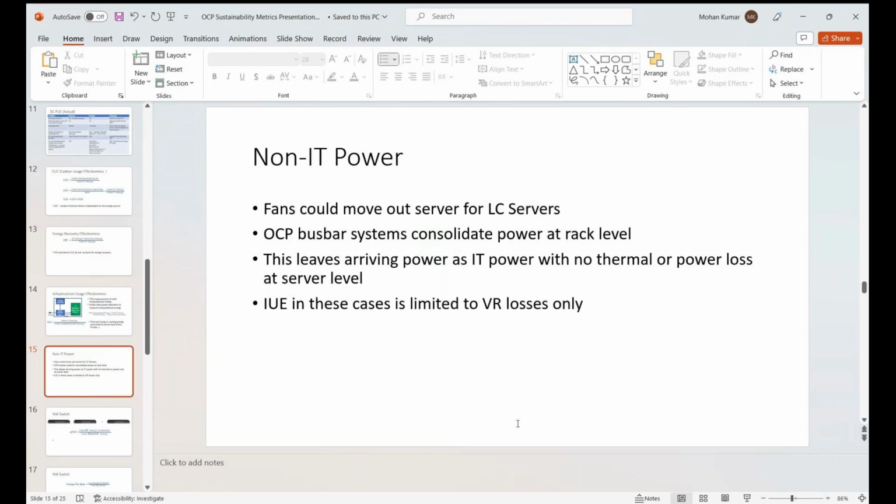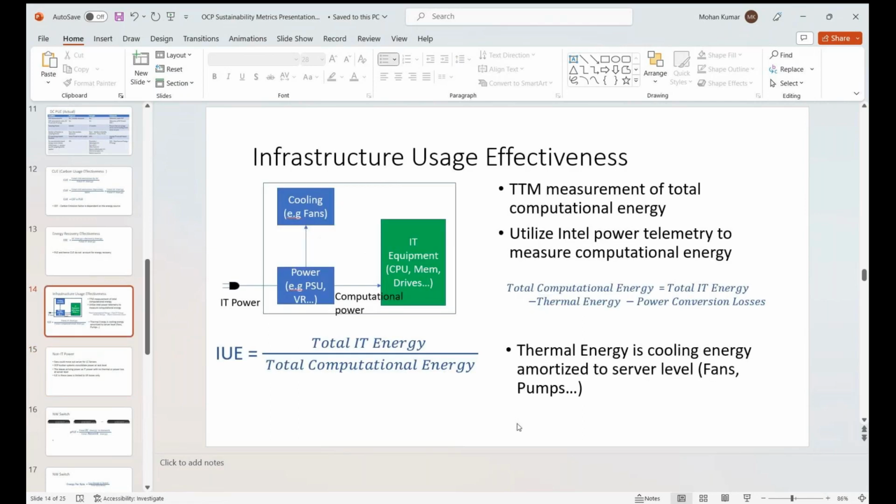So now instead of starting at that 10+% that you were at earlier in a traditional rack architecture, if you think of an immersion cooled busbar design, you'll be starting off your IUE close to 1, right? Because your IT energy is pretty close to your computational energy. In a way, it's good for the world that the designs are converging so quickly.